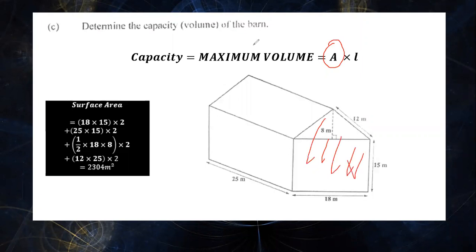This cross-sectional area multiplied by this length, which is this length here.